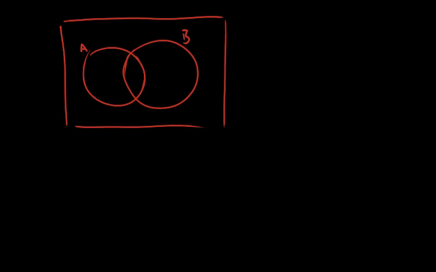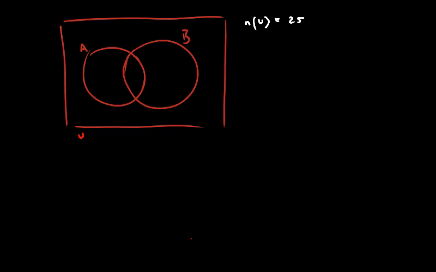Well, let's go ahead and start mapping out our information. First thing we know is that the number of elements in our universal set equals 25 members.